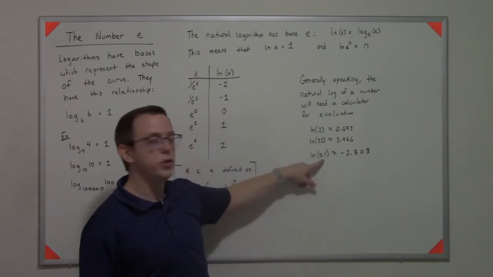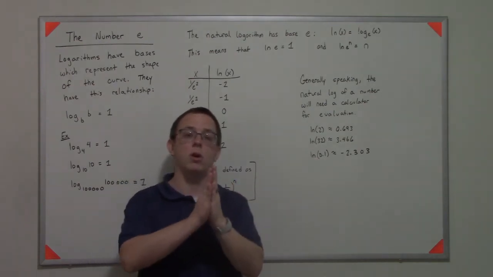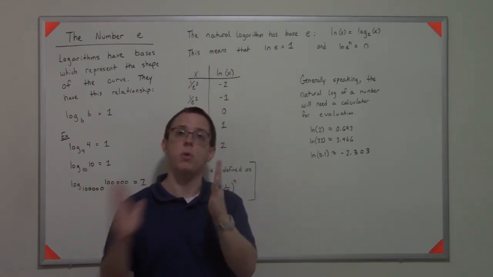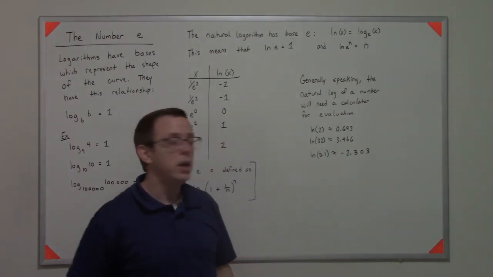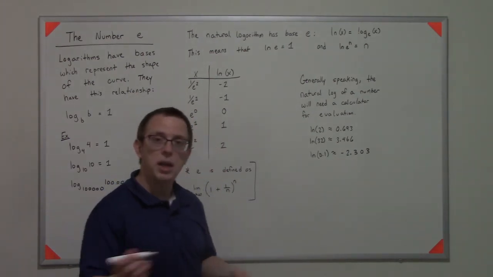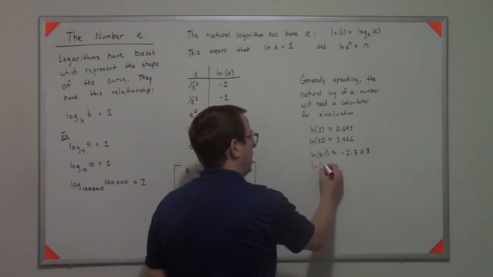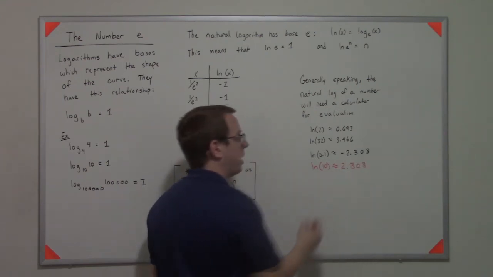And the natural log of 0.1, now this is going to be negative, because remember, the log generally of any number less than 1 is always negative. So you end up with negative 2.303. And I didn't write this, but the natural log of 10 will be the same thing without a negative.